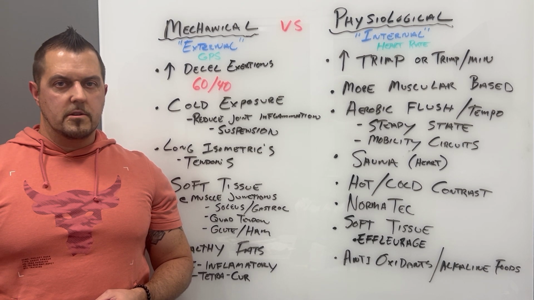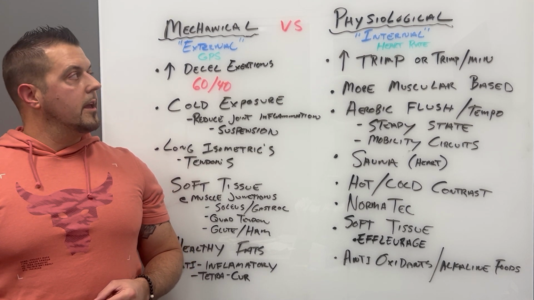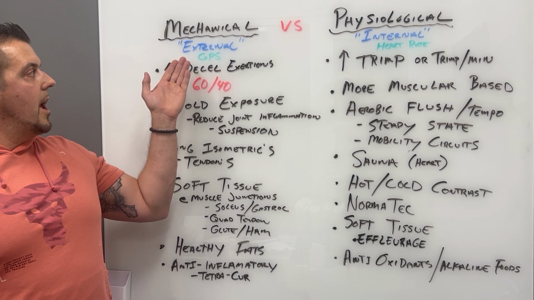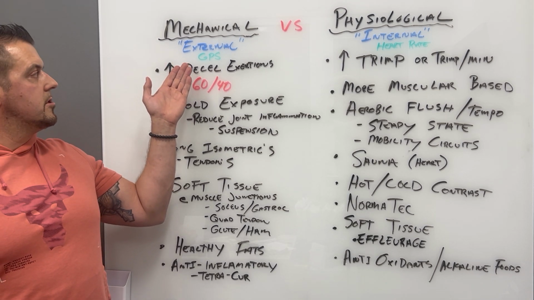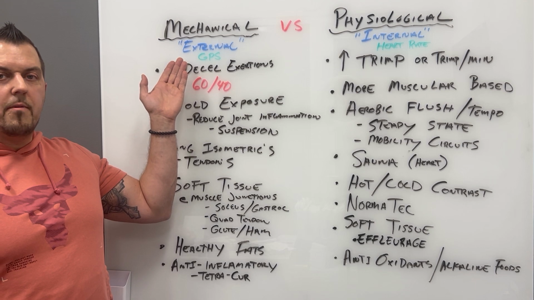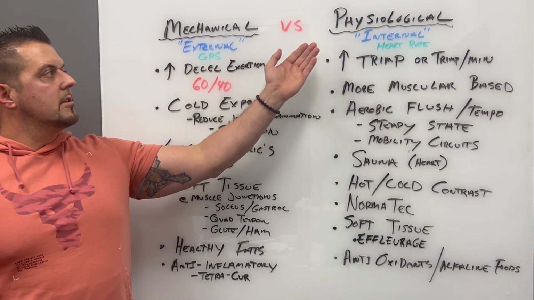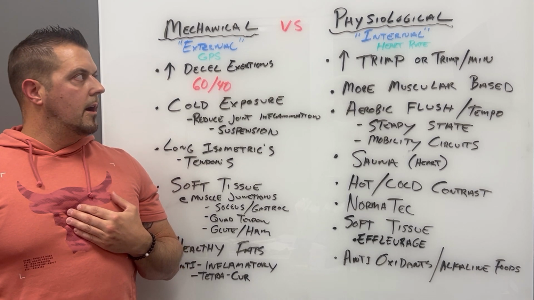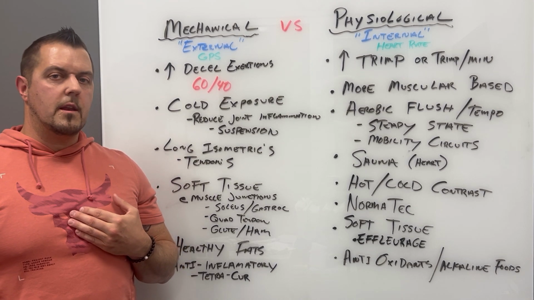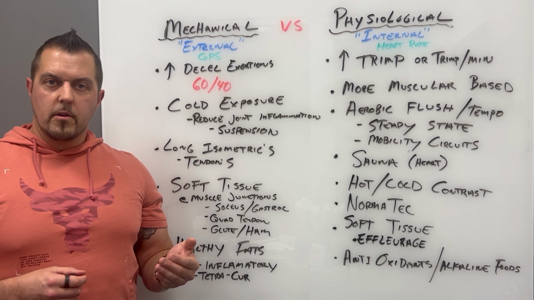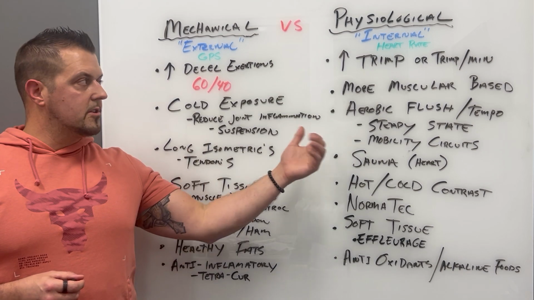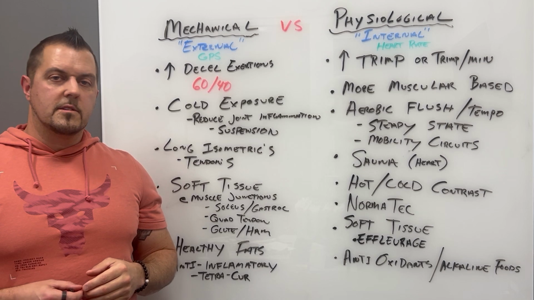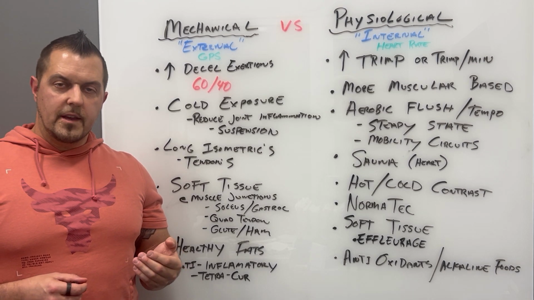Everybody has different technologies they use, but you can look at it from a mechanical or external loading standpoint, which would be more your GPS and accelerometry type of devices, versus your physiological, internal, heart rate, cardiovascular dominance. Depending on how you measure player load, hopefully you're looking at both GPS and heart rate, because it's going to tell you two different things that are going on within the body.